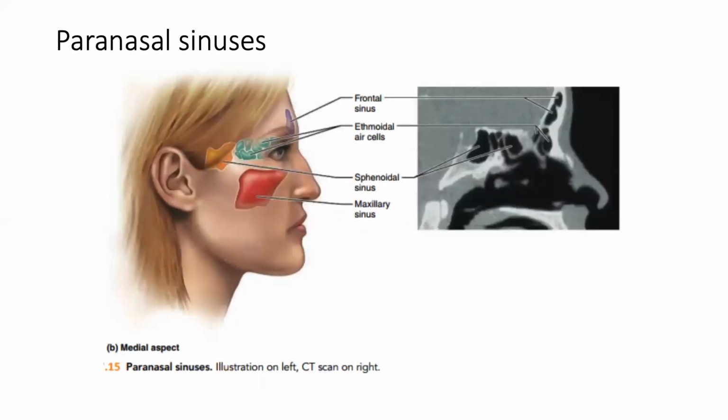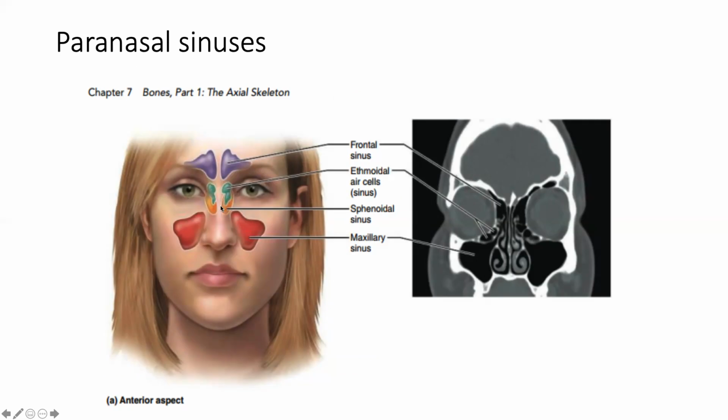And now, if you look from the sagittal view, you can see the maxillary sinus, and you can see better with the sphenoid air sinuses. So what is the clinical importance of this? I hope you can remember sinusitis. Sinusitis is the inflammation of the paranasal air sinuses. So let's say maxillary sinusitis means there is an inflammation in the maxillary air sinuses.